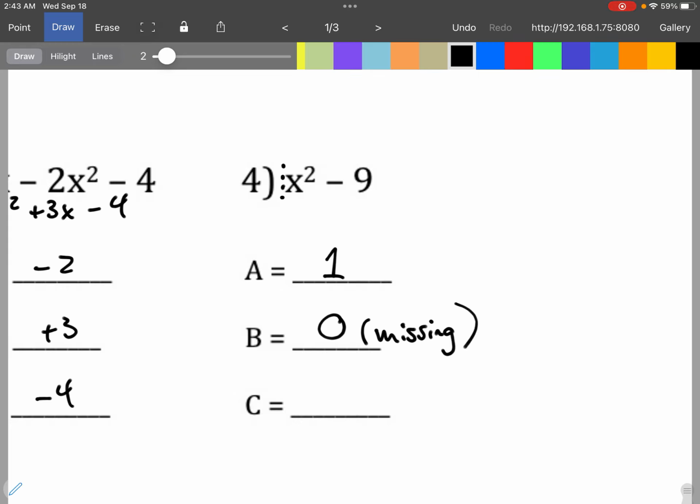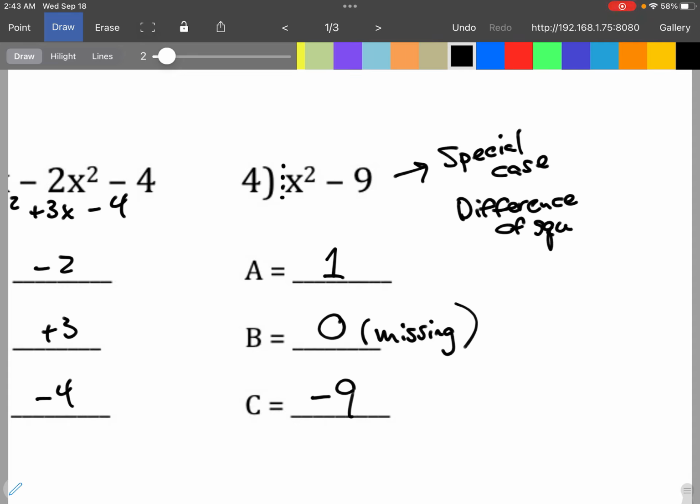Who knows? And C is the number that does not have any x's. That's the number right there. This is a special case: difference of squares.